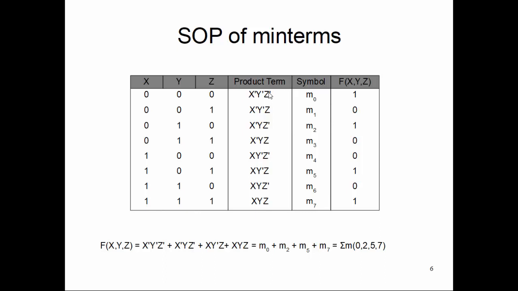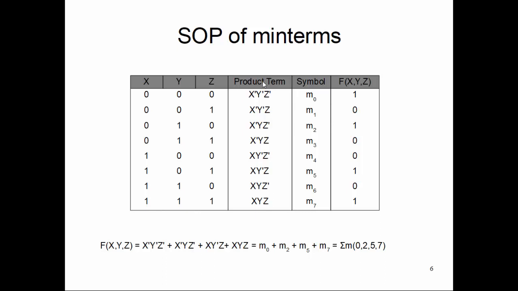This is the convention we are trying to define. This is how we are going to write it. If the value combination is 0 0 0 for this row, my product term is going to be x bar, y bar, z bar. For example, 0 1 1 will be x bar, y, z. Why? Because y has a true value, so we take the uncomplemented form of it. Similarly for z.